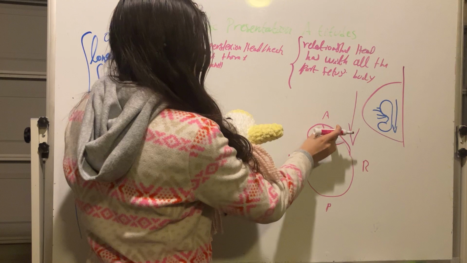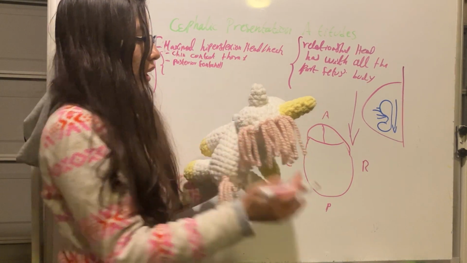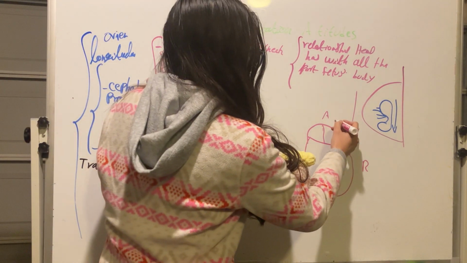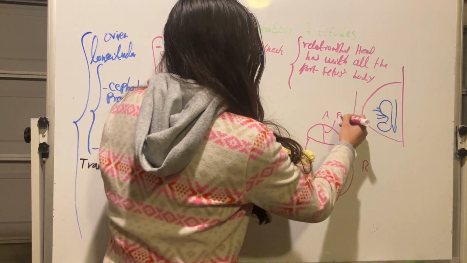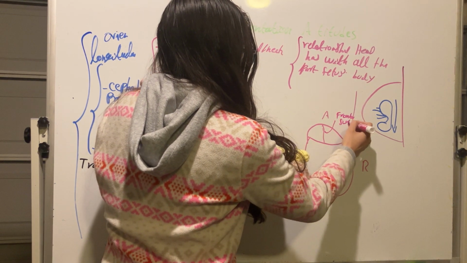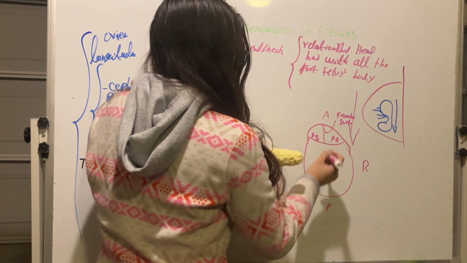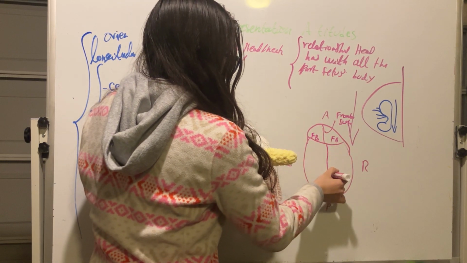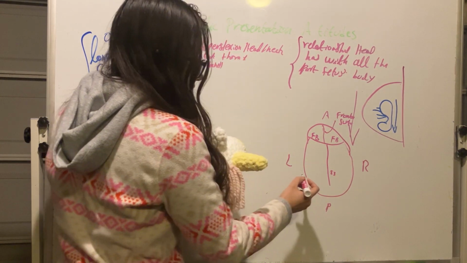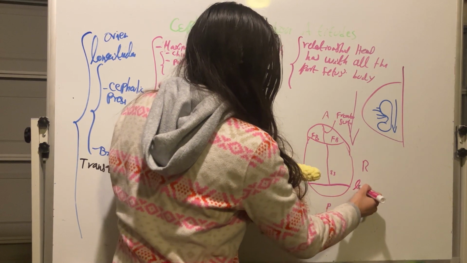This is the frontal bone, but in the baby or in the fetus, here we have this suture that is not fused. So this is the frontal suture. These are the frontal bones. Here we have the sagittal suture. And here we have the lambdoid suture.